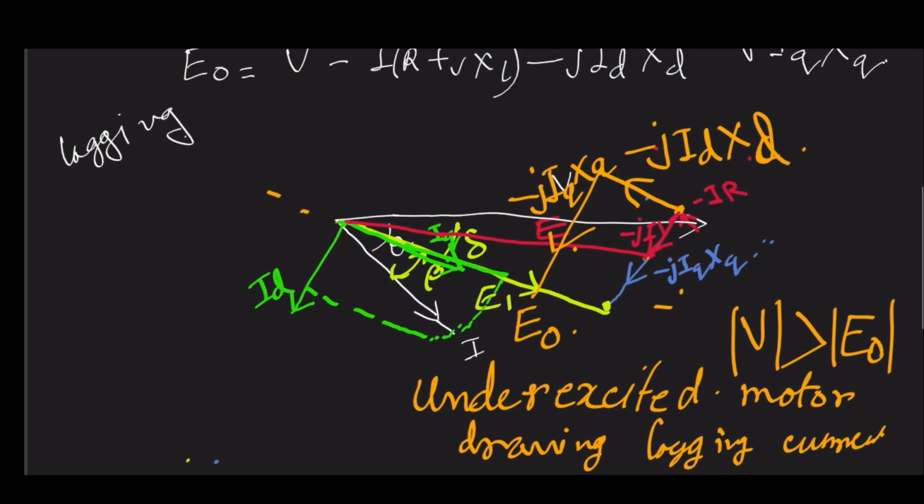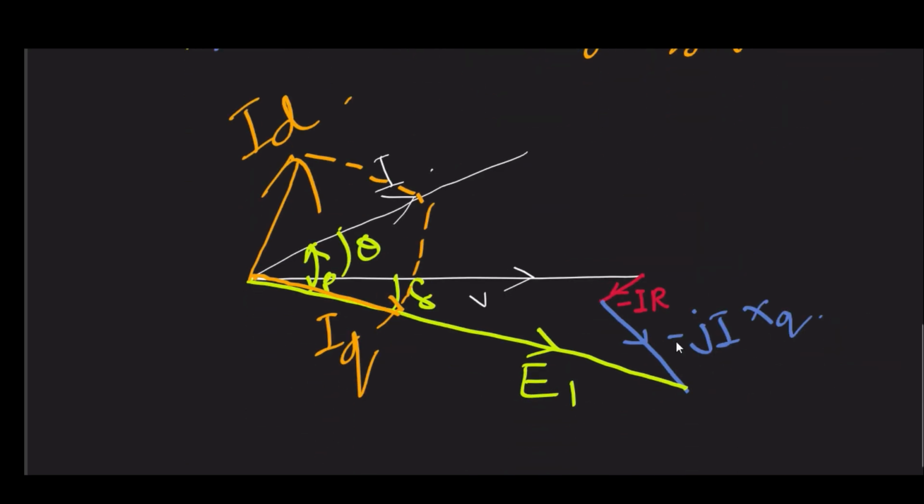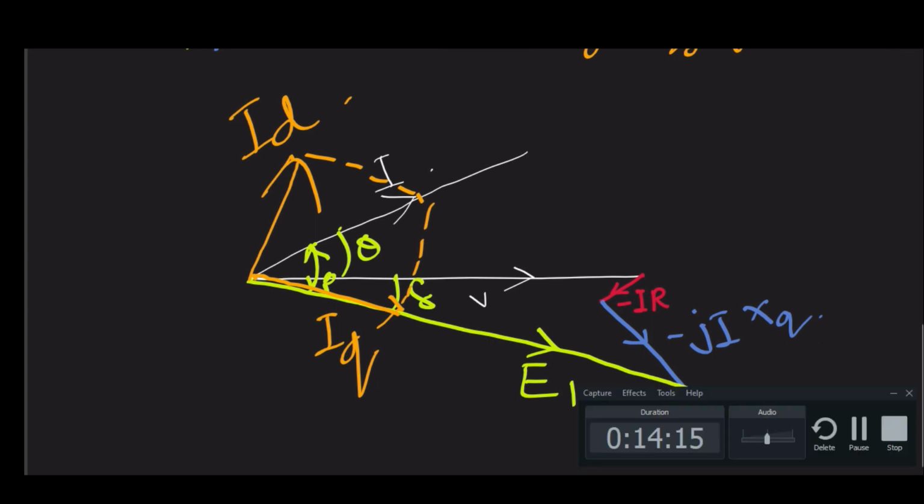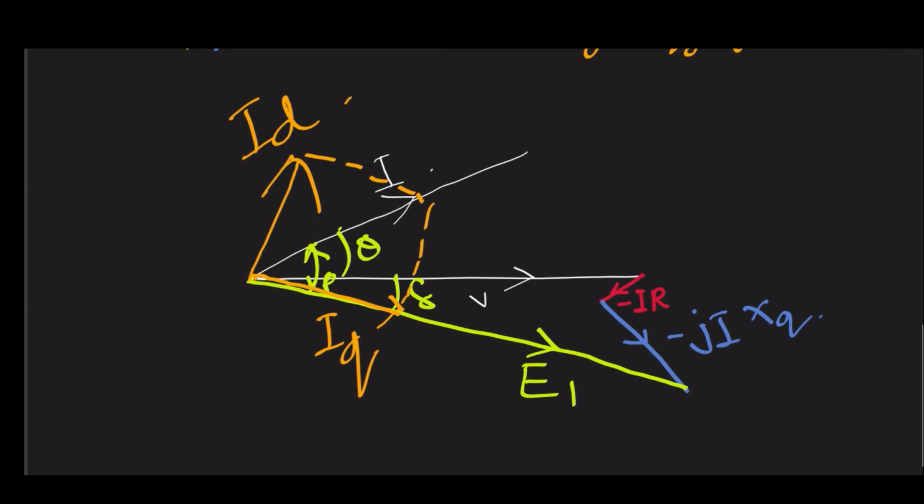This is minus IXL, that is for E, but otherwise when you need to connect, you should treat it from IR to this.